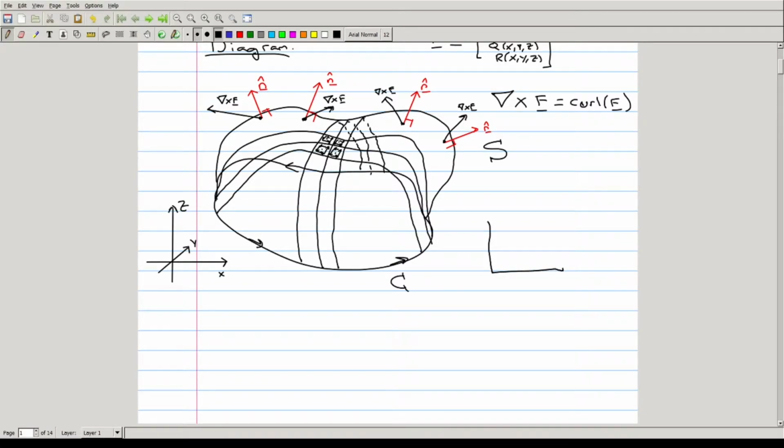What I've drawn here is just a diagram demonstrating four separate, very small patches on the surface.